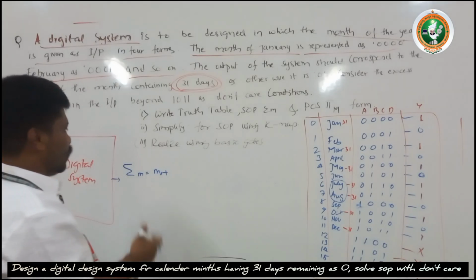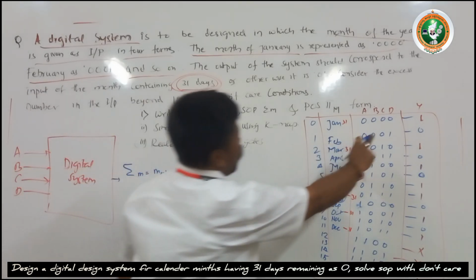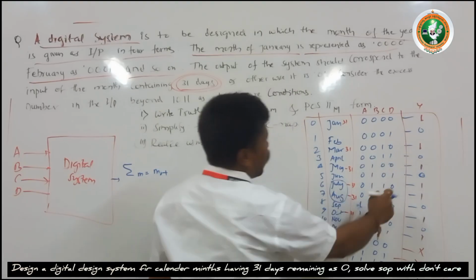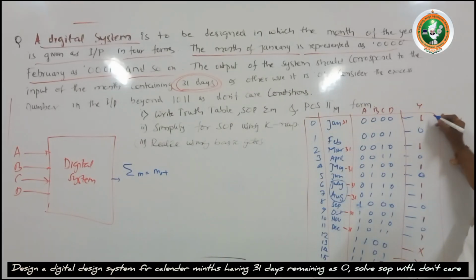I can write the min terms as M0, M1, M2, M3, M4, M5, M6, M7, M8, M9, M10, M11. Got it? Like this only.